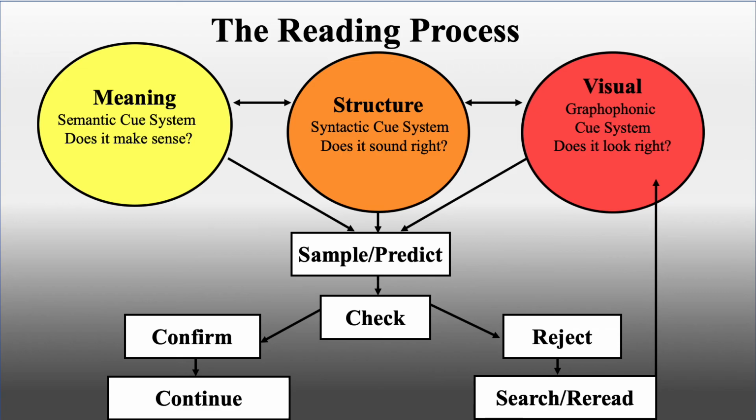And then the final thing that our brains do is confirm whether or not that is correct. If it's confirmed, then we keep going. If it's rejected, as it doesn't make sense, or it seems weird, not consistent with everything else that we've been reading, then we stop and go back and see where things have gone wrong. And that is how we understand the reading process now.